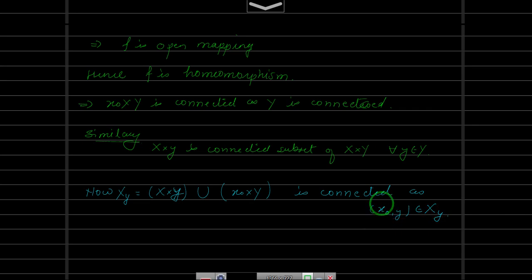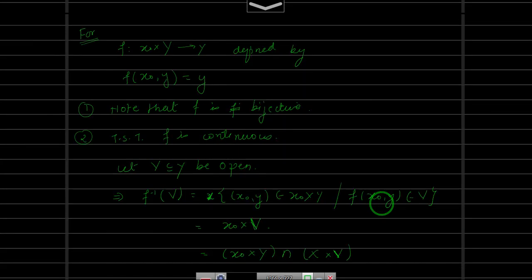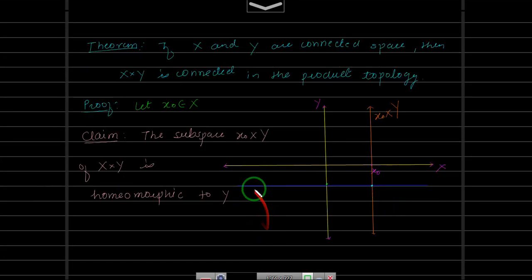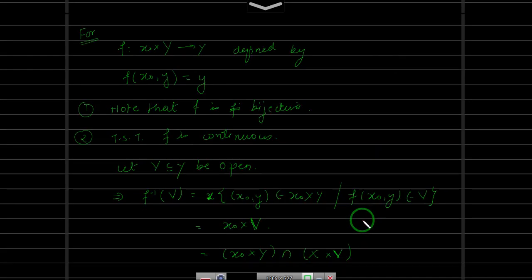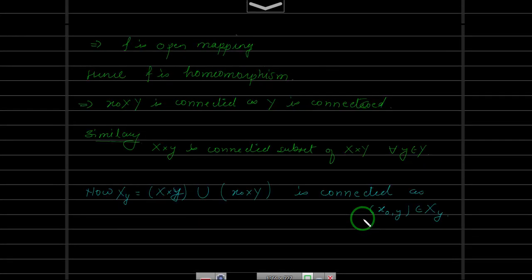Let us make another claim. What will be the union of all these lines? That means what will be the union of all those lines which are parallel to x-axis cross with this line. So let me check what we have written there.